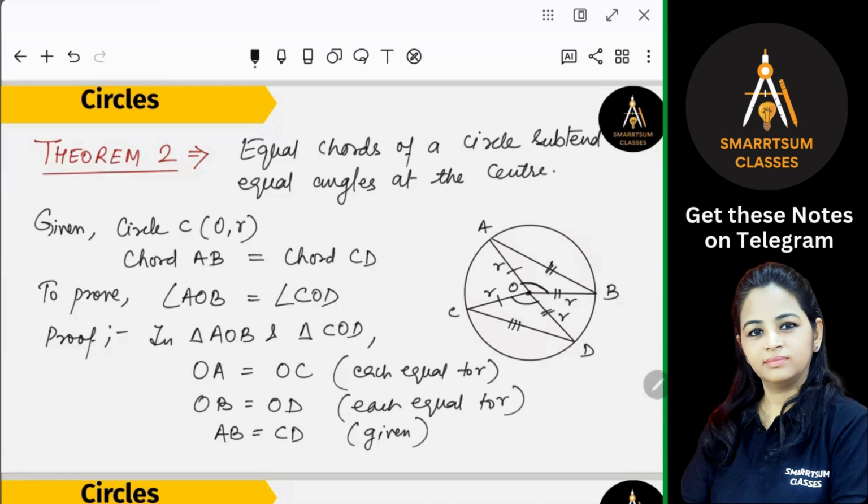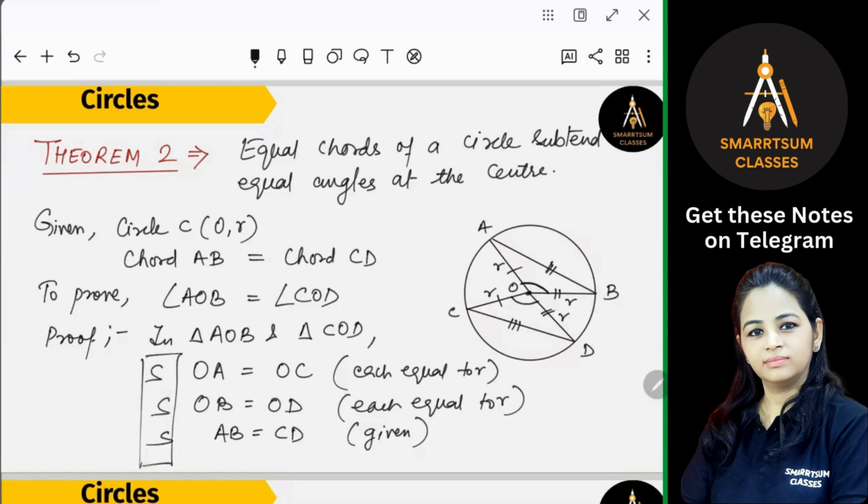So can we say that these two triangles are congruent to each other? Yes or no? We have already studied congruency and the different congruence criteria. So by which congruence criteria are they equal? They are congruent by side, side, side.